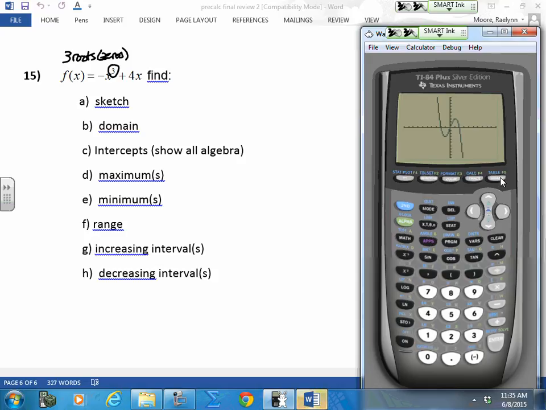We know 3 minus 1, these will tell us 2 turning points. We see it turn twice. 2 minus 1, 1 inflection point. We're going to add the inflection point to this, and we're going to add concavity.